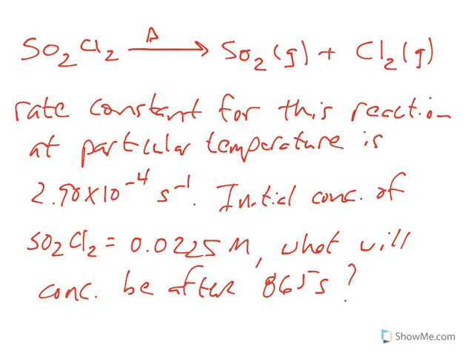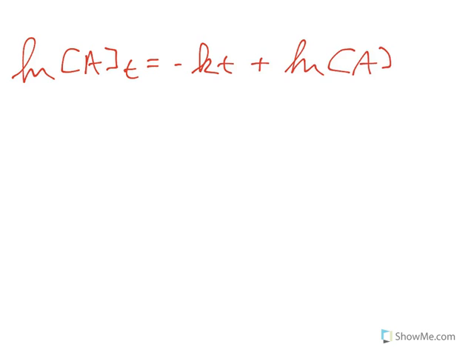So this is the beauty of the integrated rate law. All right. We're just going to plug in our variables and look for what we need to solve for, and then the first order integrated rate law is going to give us everything we need. All right. So let's go ahead and write out the integrated rate law for a first order reaction and write down what variables we were given.